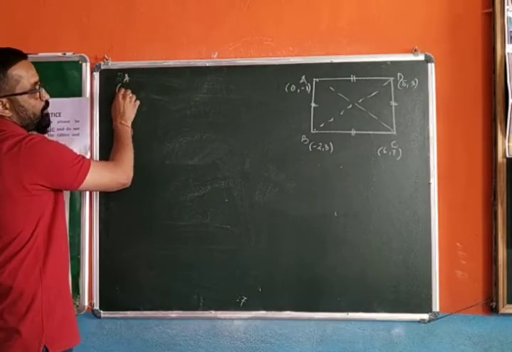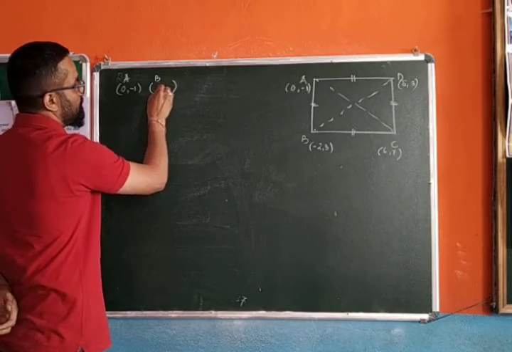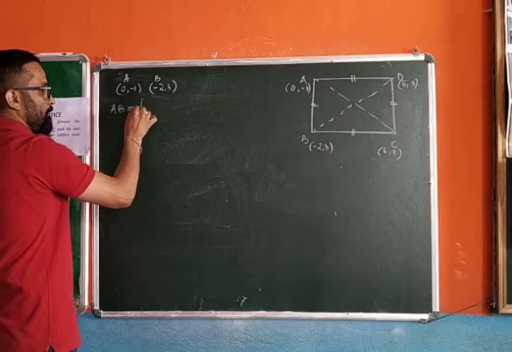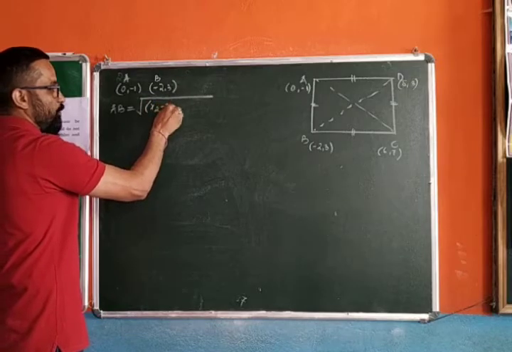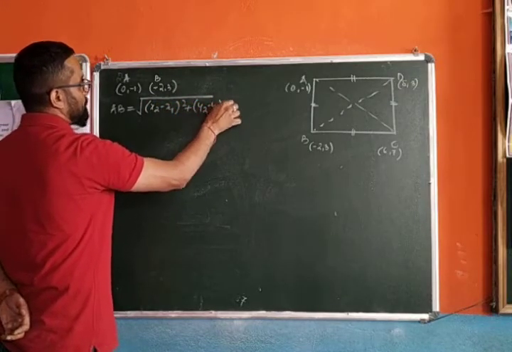A has coordinate (0, -1), B has coordinate (-2, 3). Find AB. The formula is root of (x2 minus x1) whole square plus (y2 minus y1) whole square.